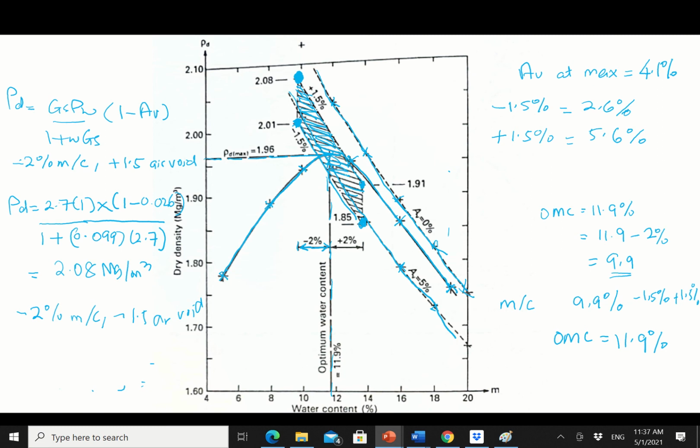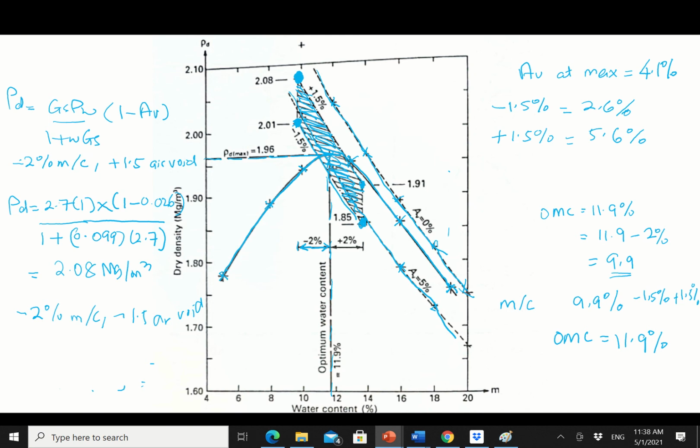You need to draw the shaded area to show that it will be the allowable field condition for this particular question. Meaning that if you have data from the lab, you give it to the contractor, but of course you cannot control what happens in the field because a lot of variation happens at the construction site.